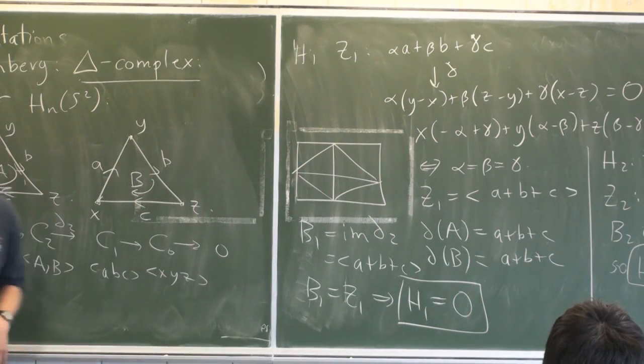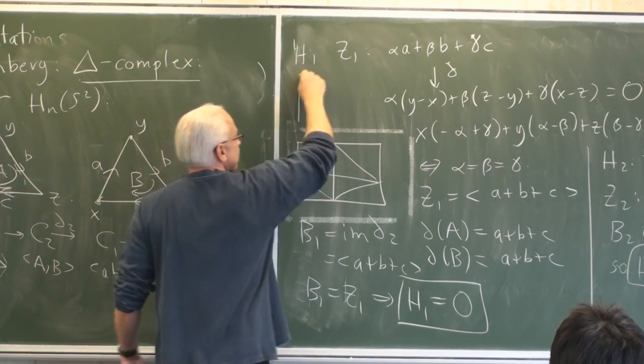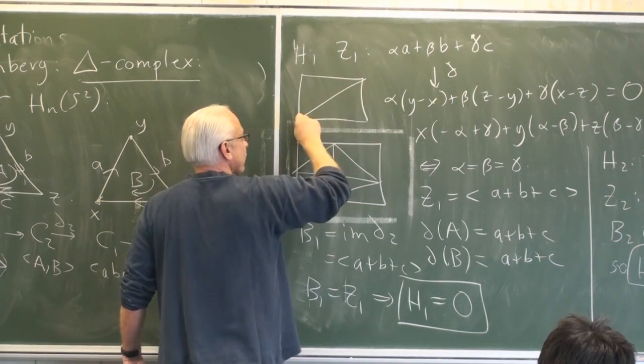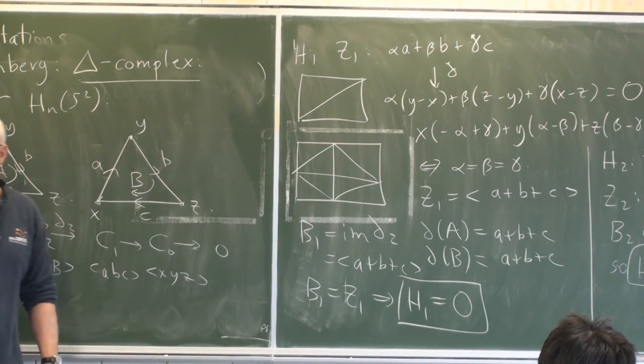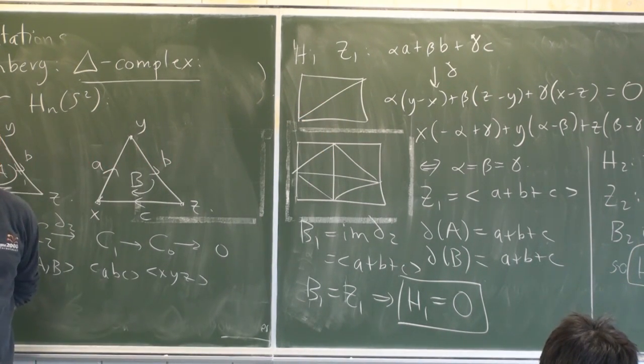Use quite a large number of triangles. But with this delta complex story, we're going to almost cheat. We're just going to triangulate the torus in the simplest possible way like that and compute homology from that.